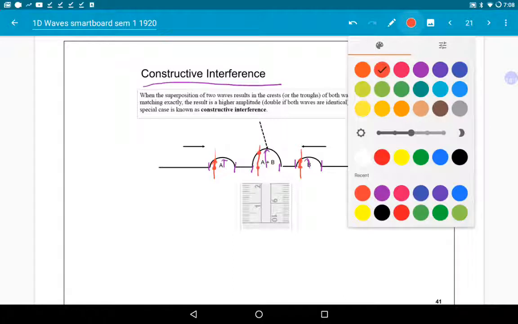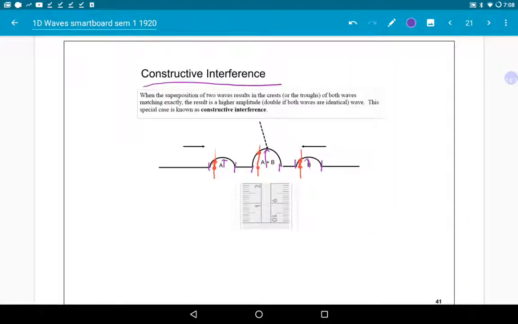Or maybe you could do this for the entire wave. Take just cross sections, say I'm looking here. So I take this point to here, and I add it to this point to here, and I get this point to here. And you could do that for all these different positions on these waves. And if you sum them, you will get this resulting wave. Or if it was destructive, they would cancel out or partially cancel out.